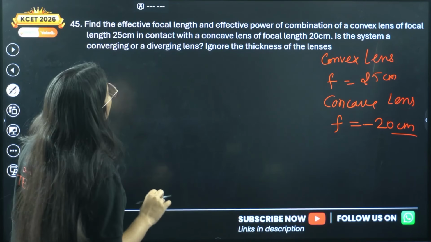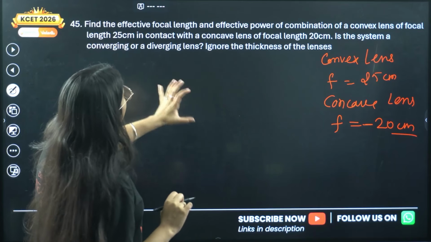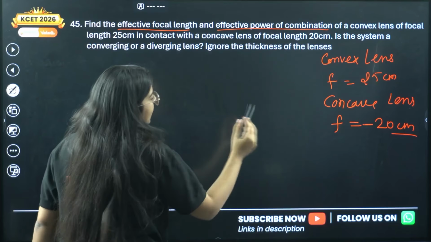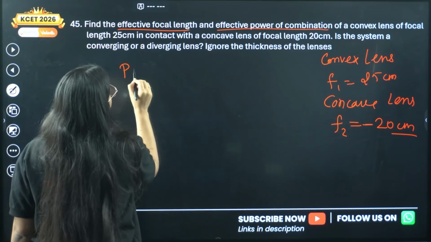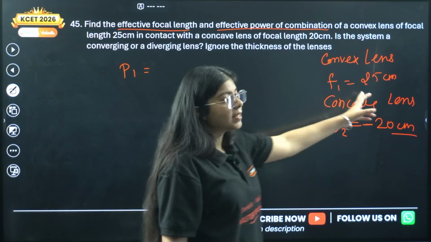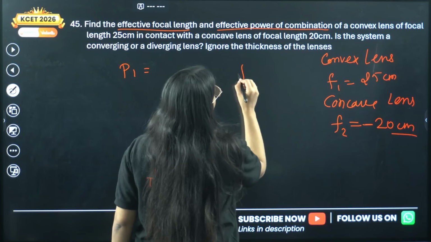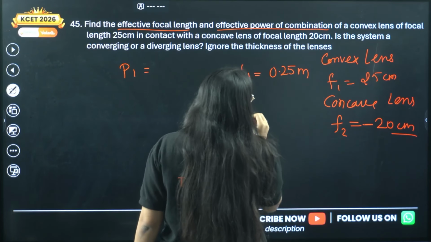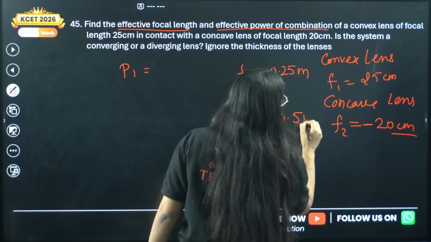Correct? Now, they are asking, is the system converging or diverging? We need to find the effective focal length and the effective power. Let's calculate. This is, let's say, first and second. So, P1 will be what? First, convert this into meter. So this will be 0.25 meter and F2 will be 0.5 meter.